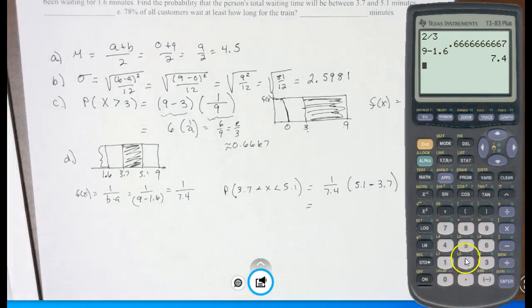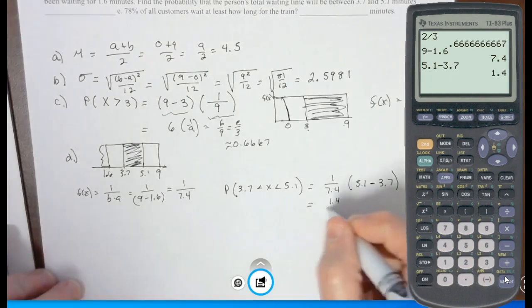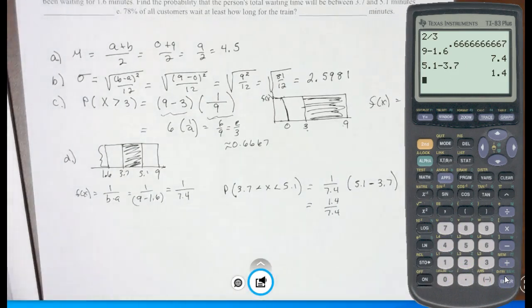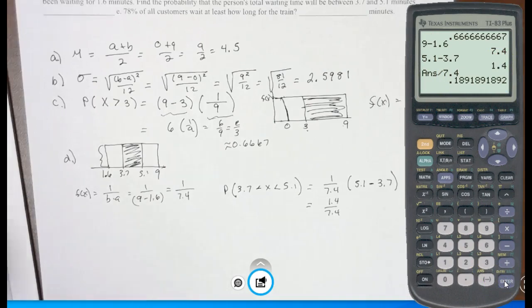Alright, so I have 5.1 minus 3.7, and that is 1.4. So 1.4 over 7.4. I'm going to take that 1.4, divide it by 7.4. And if I just hit enter, it automatically brings down whatever the last number was, so I don't necessarily have to enter it.